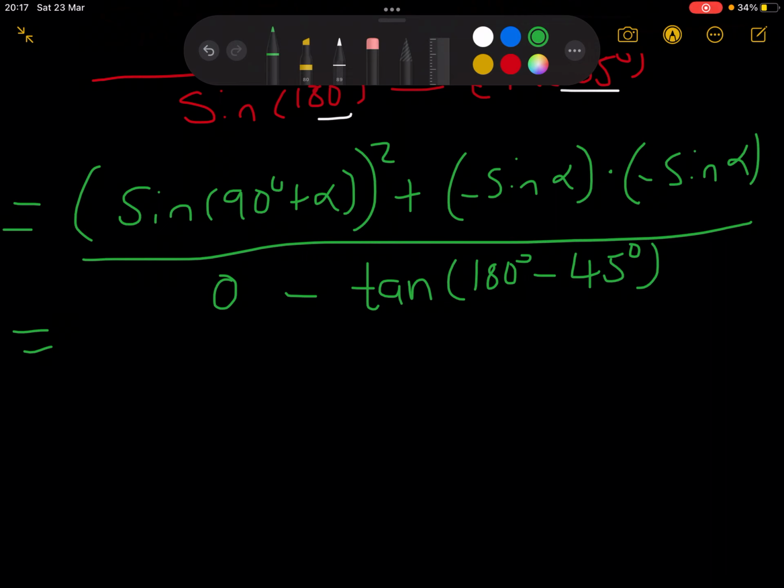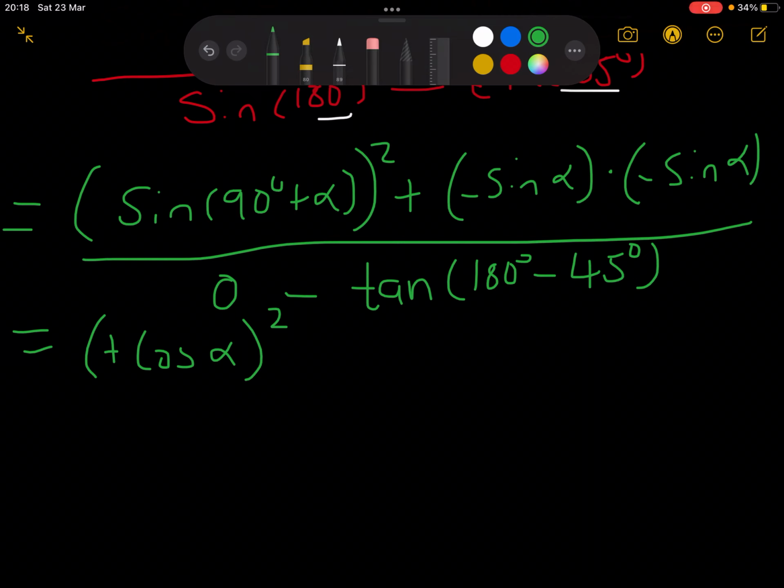If you're looking at the cofunctions, the complementary trig ratio for sin is cos. It's cos of the angle alpha. Now, in the quadrant for 90 plus an angle, which is quadrant 2, what is the sign for the sin trig ratio? It is positive, and therefore this is positive cos of alpha, squared.